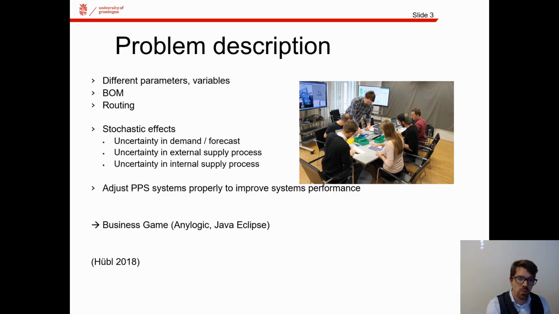And then we have to deal with stochastic effects, uncertainty in demand and forecast. So we do not know what the customer will order in future. How many pieces will the customer order at which point in time? We have to deal with the uncertainty in external supply processes.